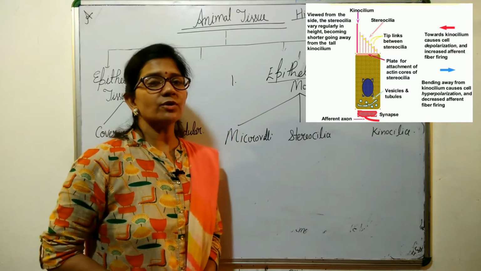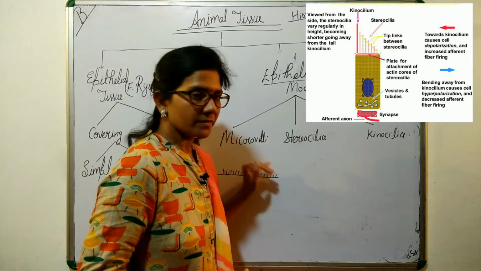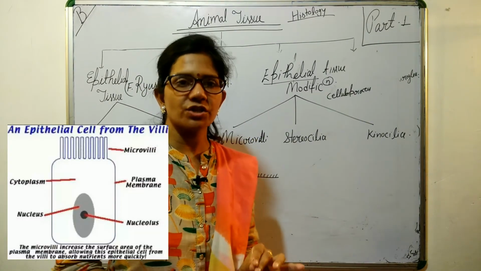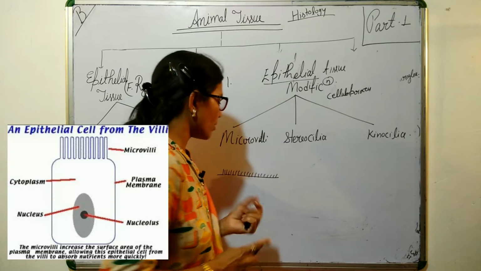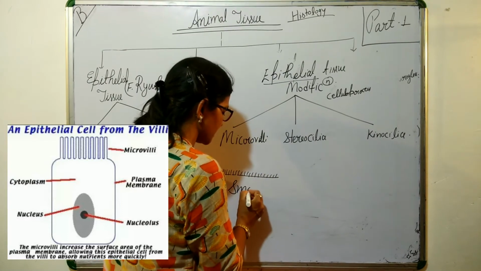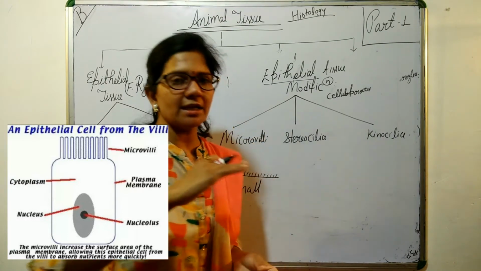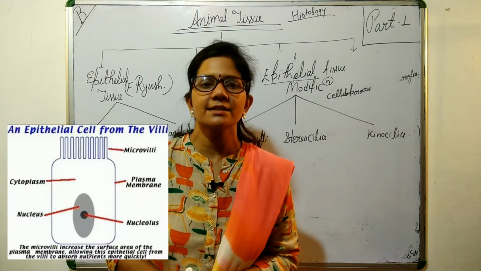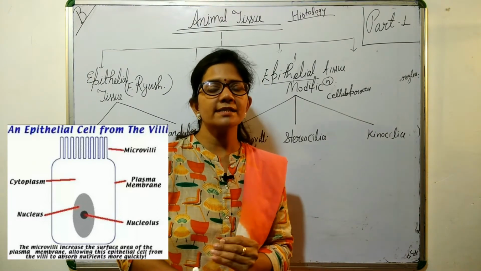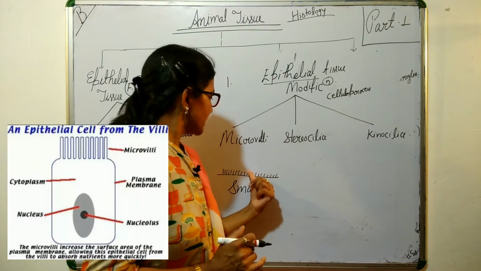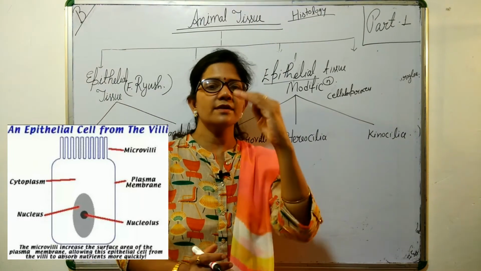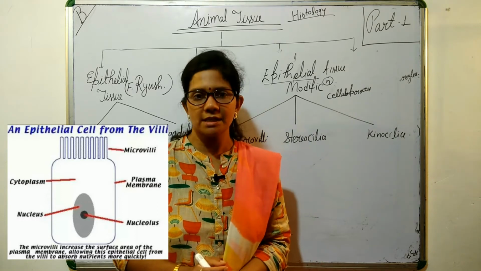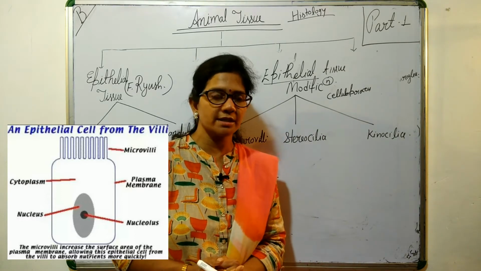In microvilli there is a small cellular extension, as we know in the small intestine. It is a special characteristic of the small intestine. Due to this small extension, the surface area increases and the rate and efficiency of absorption also increase.